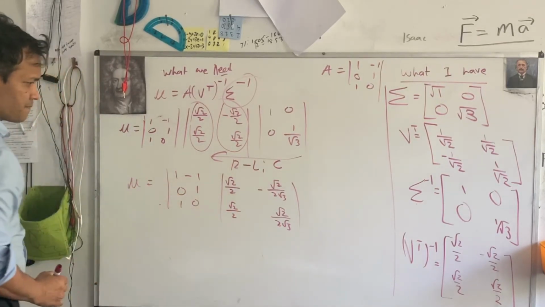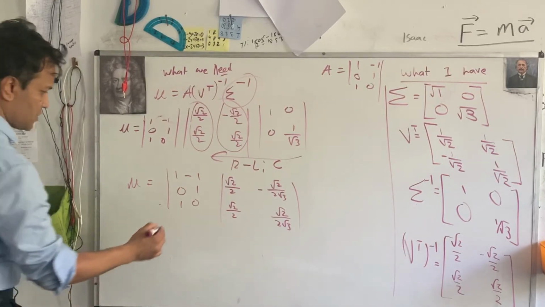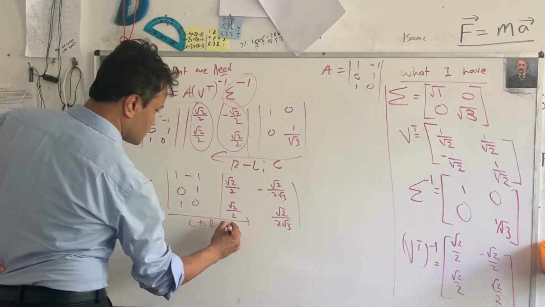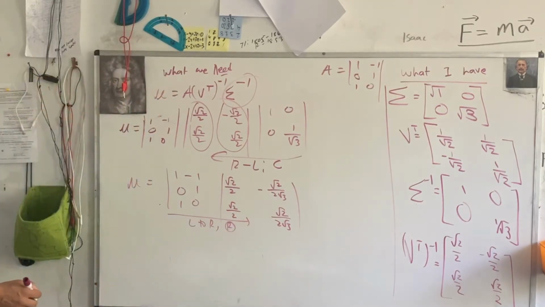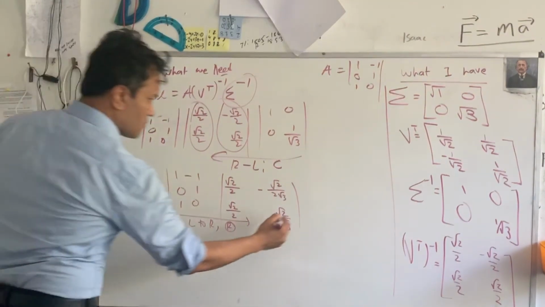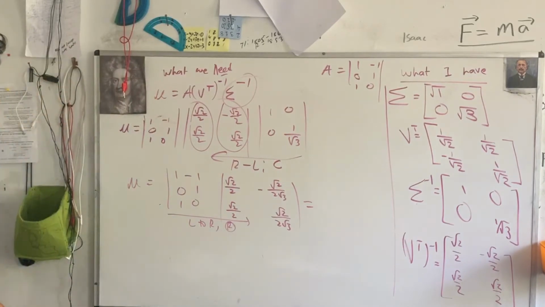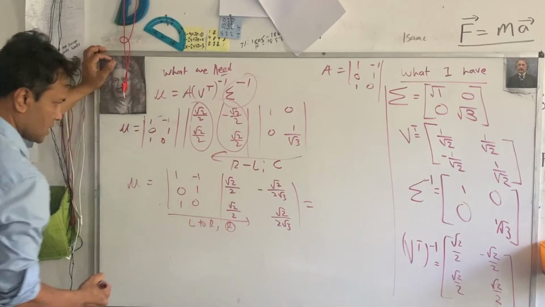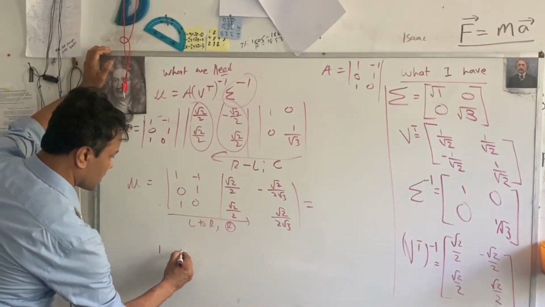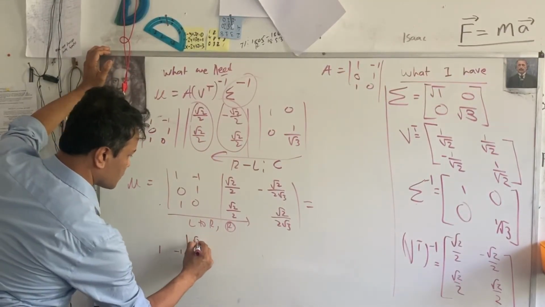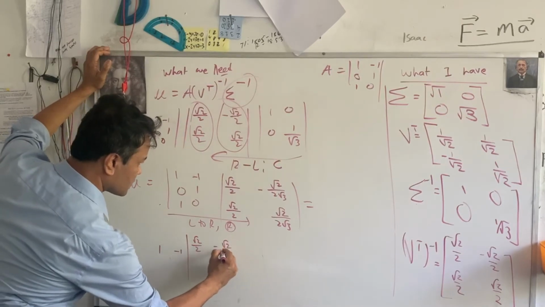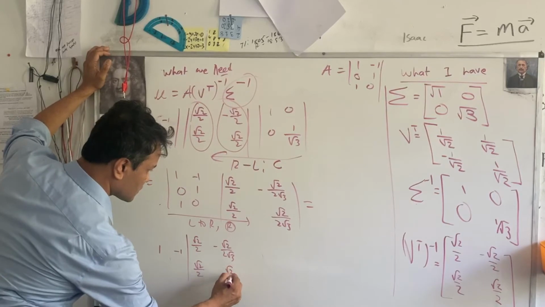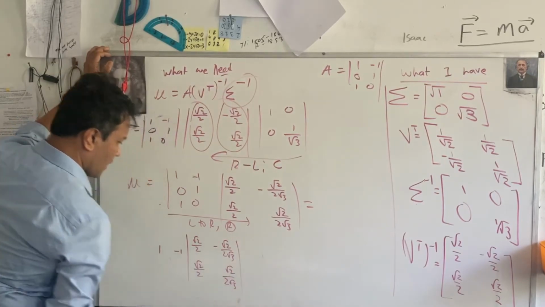This is the mu. Now, the best thing would be to go left to right. If we do that, we do the row. So let's write the final answer, and let's make sure we don't make any mistake. We write 1, -1, square root of 2 over 2, minus square root of 2 over 2 square root of 3, square root of 2 over 2, square root of 2 over 2 square root of 3.